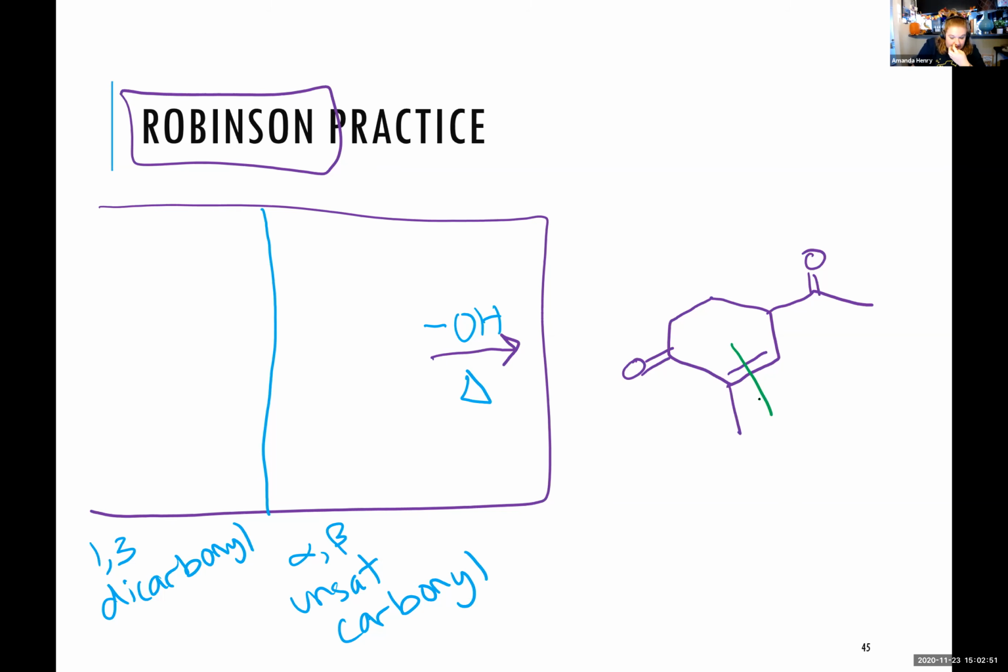Because that is alpha and beta to this carbon, I know that the left-hand side of this structure is going to be my alpha beta unsaturated carbonyl, which means that I'm also going to break this beta gamma bond. I'm going to draw that in green over here, and I'm going to keep the angles the same, so it's going to look a little bit weird.